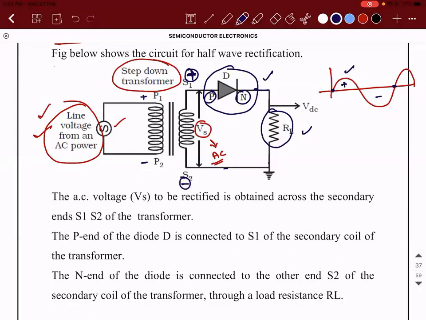Now what will happen is, in this case, since the PN junction diode is in forward bias condition, can I say it will act as a conductor? Yes, sir. Right. When it is in the forward bias condition, then what will happen to the output occurring at the load resistance?